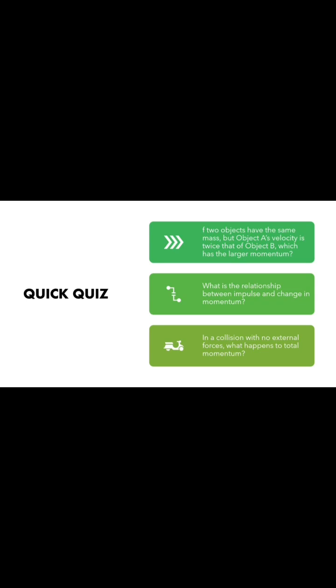Stays constant. It is conserved. Let's repeat again. The answers in the quiz are: number 1 is object A. Number 2, impulse equals the change in momentum, delta P. Question number 3 is stays constant. It is conserved.